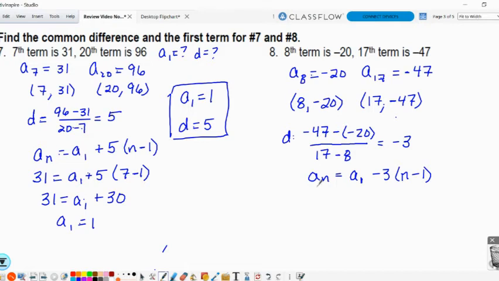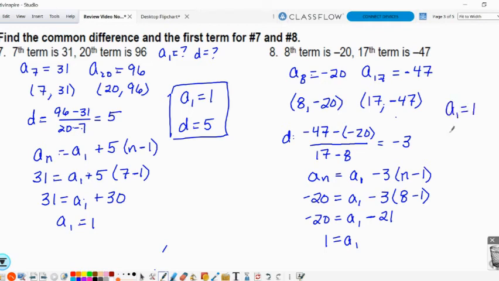We'll use 8 and -20. -20 is the term, and 8 is its position. And a sub 1 happens to be 1 again. Our first term is 1. Our common difference is -3.